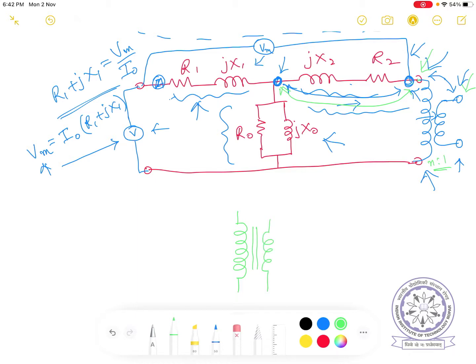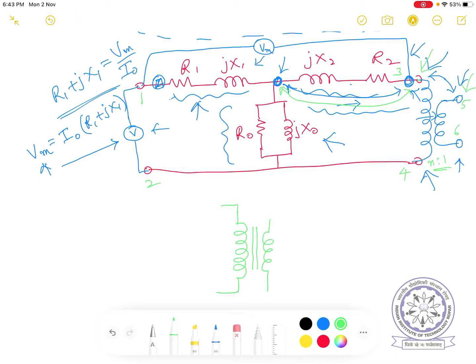Now what is done is, I am drawing 1, 2, 3, 4, okay, these are 5, 6.